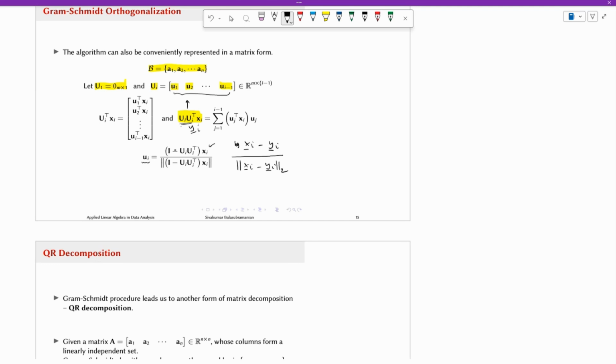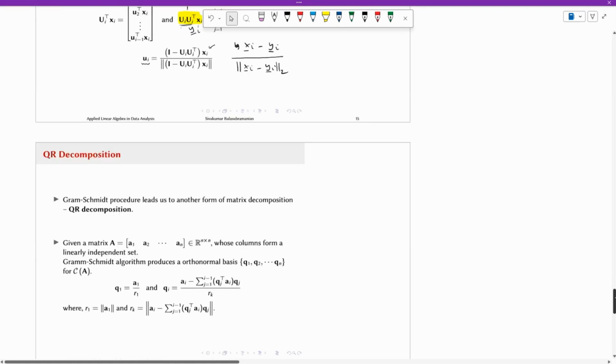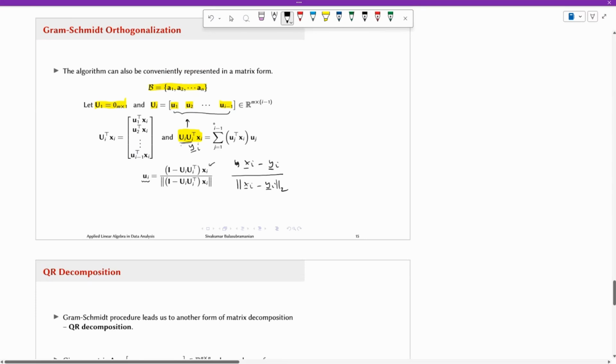I mean, this looks complicated, but if you simply multiply x inside, it will be xi minus Ui transpose xi. Ui transpose xi is the orthogonal projection. That's yi. That's all. So essentially, each time you add a new basis vector, this Ui will keep growing.